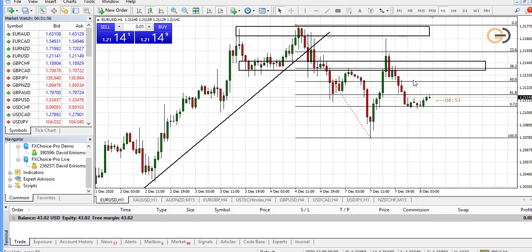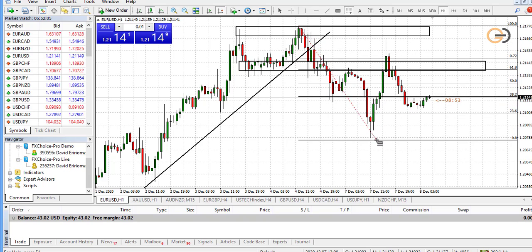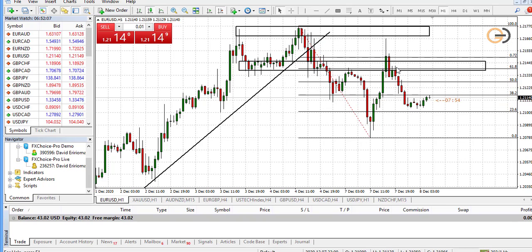This 50% of retracement. All right, so it went to 61.8%, which is the golden ratio, and you see the market pushing strongly down.